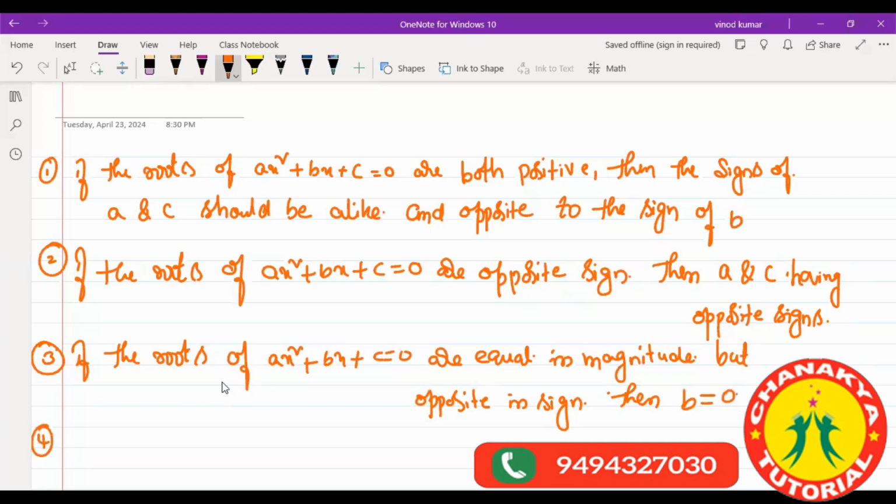B value 0 means the x coefficient is 0. There is no x term.